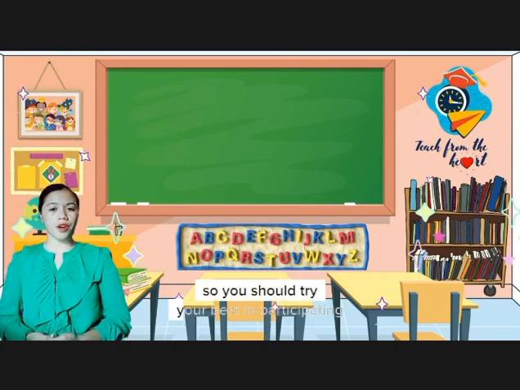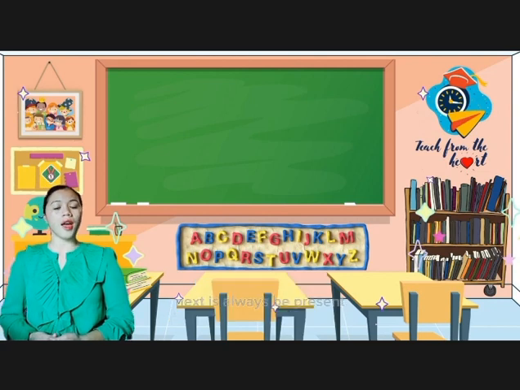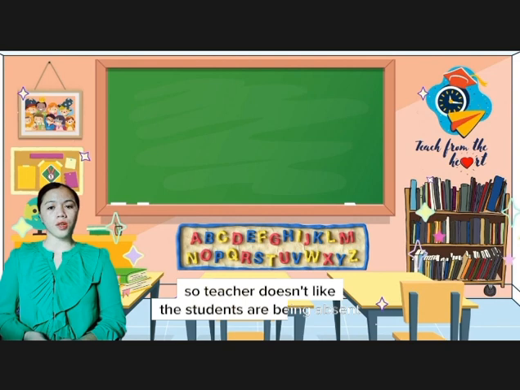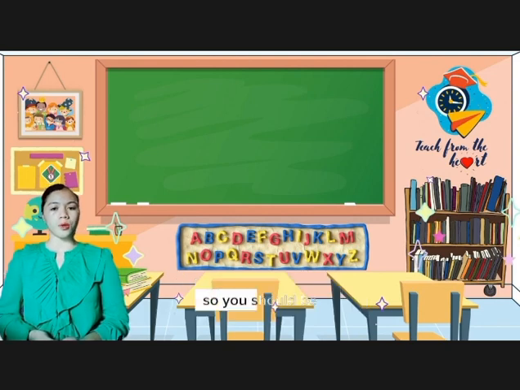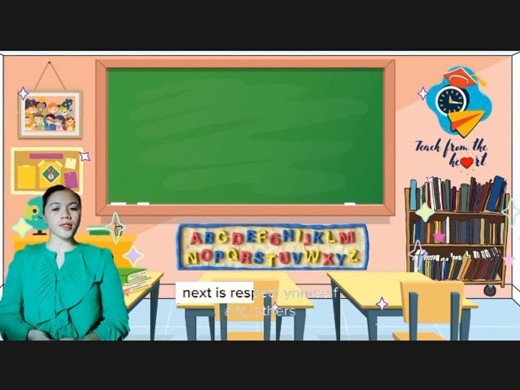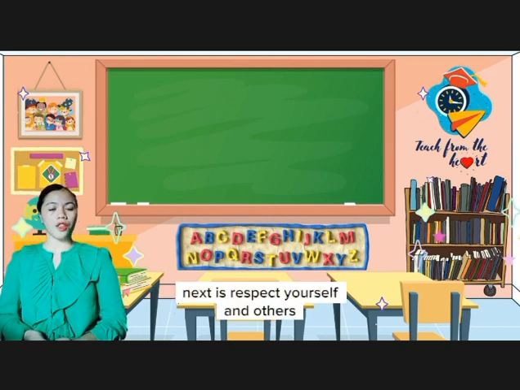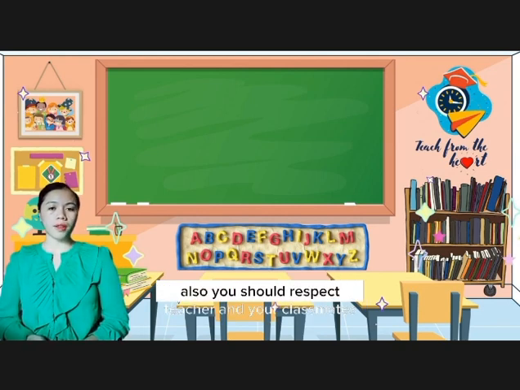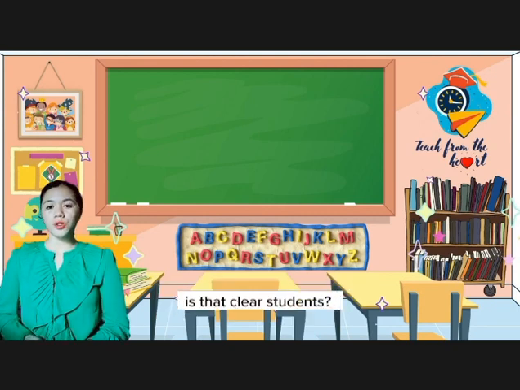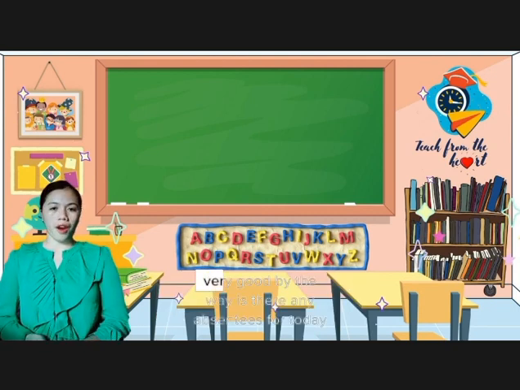Next is always be present. The teacher doesn't like students being absent. Next is respect yourself and others. You should also respect the teacher and your classmates. Is that clear, students? Very good.